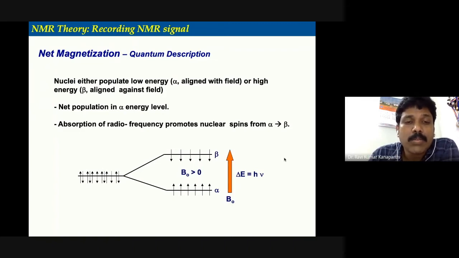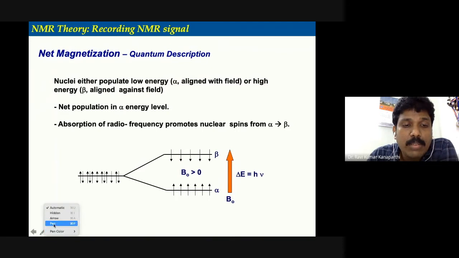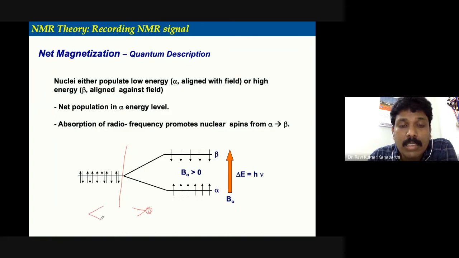This is the scenario if you don't apply an external magnetic field: both spin states are degenerate, all the spins are random, and therefore you don't see any magnetization. On the other hand, the moment you place it in an external magnetic field, this is greater than zero, and this is less than, and this is basically B.